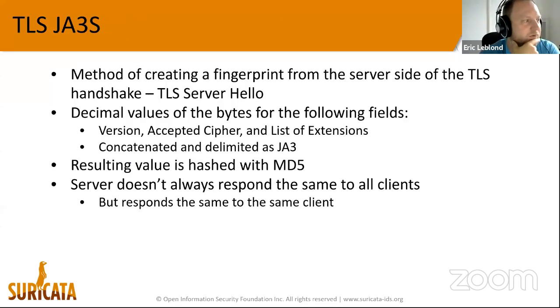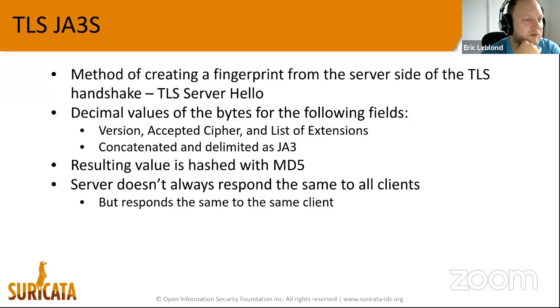The JA3S is the server side of the JA3. It takes another set of fields, but as I said before, the server is answering the client. The client is the first one to send the message, so the context of the messages sent by the server depends on the client. In fact, the JA3S is not unique for one server; it depends on the type of client that connects to the server.